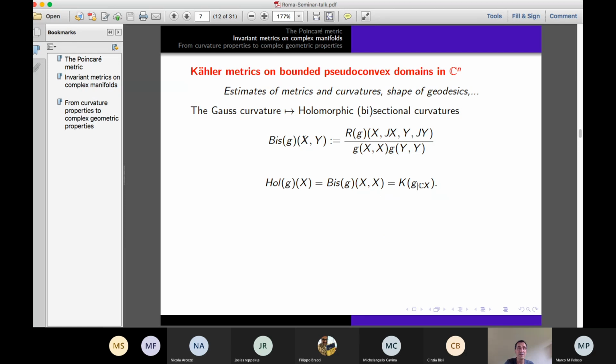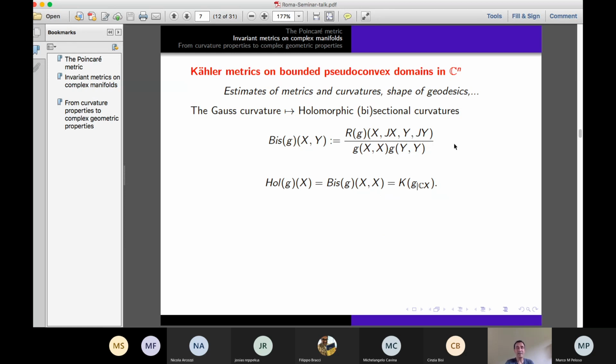You consider two vectors x and y, and you evaluate the Riemann tensor at x, Jx, y, Jy. When I say this, it just means that I prescribe the point and I consider tangent vectors at that point. You divide by the norm squared of the vectors.